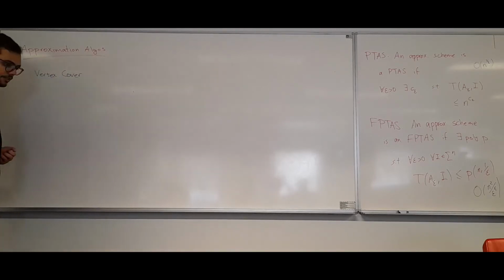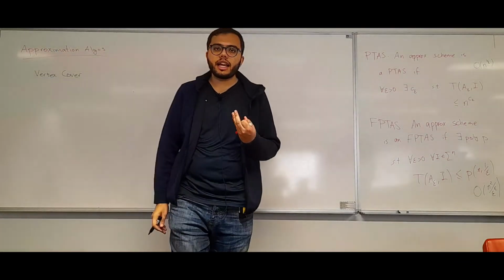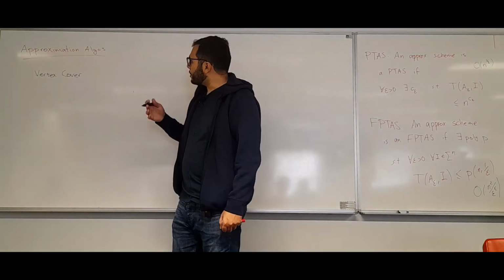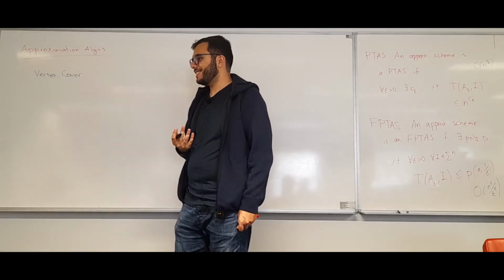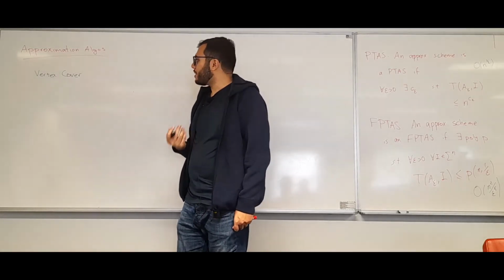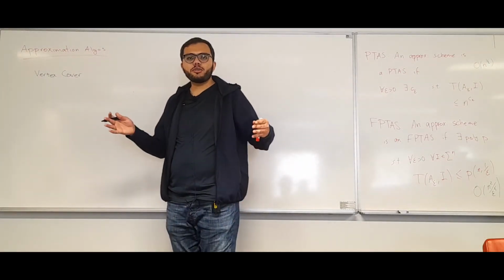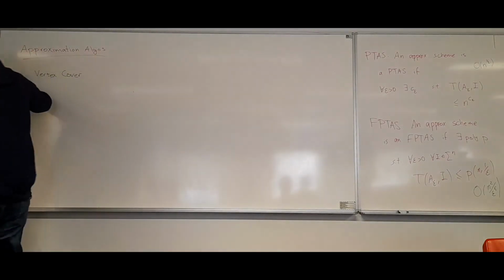Now, remember when I was talking about parameterized algorithms, I had to always say what my parameter is. Now that I'm talking about approximation algorithms, I have to always say what my cost function is, right? And my cost function is, again, just going to be the size of the vertex cover. So I want to minimize the size of the vertex cover. So I can call this minimum vertex cover.